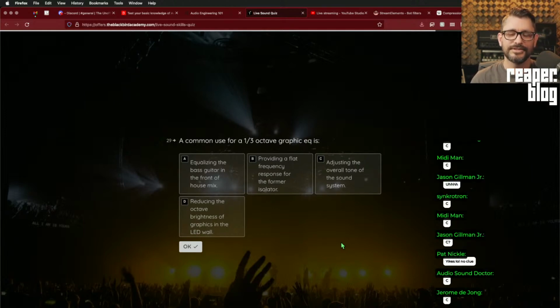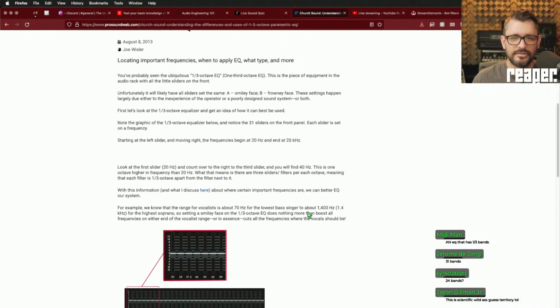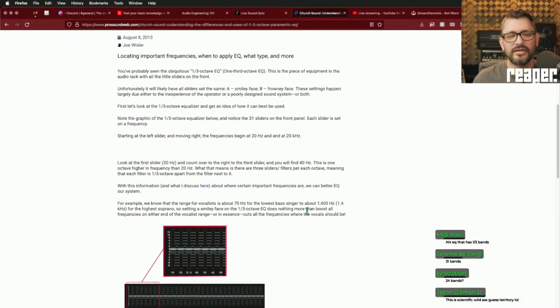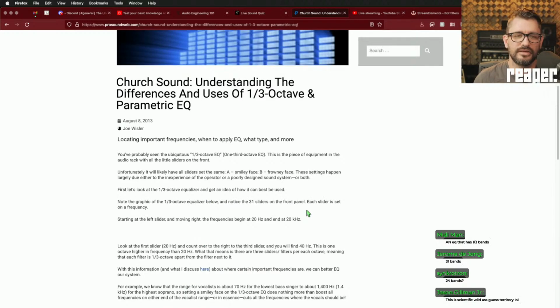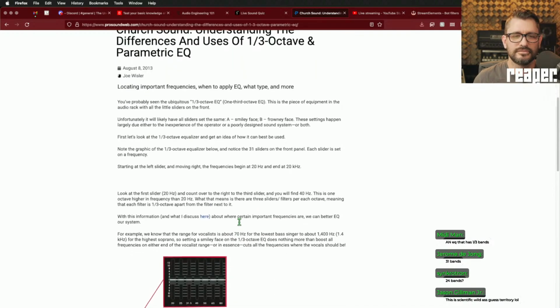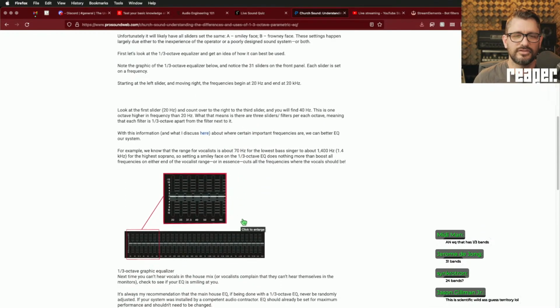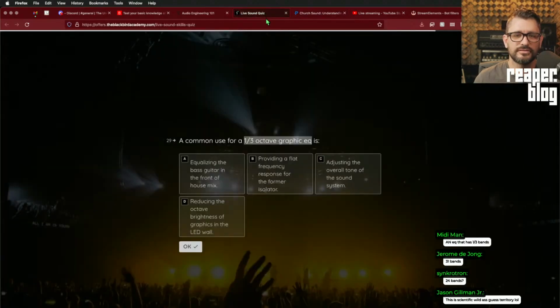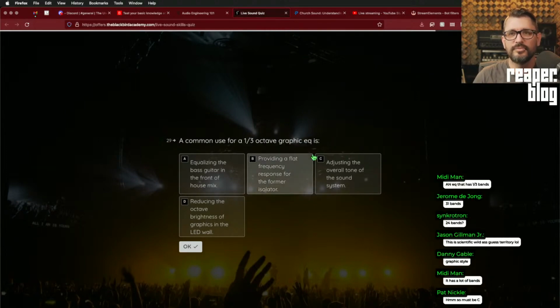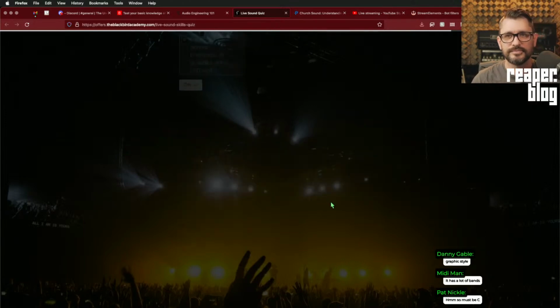That's the real question here. Oh, like the 31 band. It's just frequencies every 3rd octave, or one slider for every 3rd of an octave. Okay. It's like the 31 band graphic EQ. That's the overall tone of the sound system.